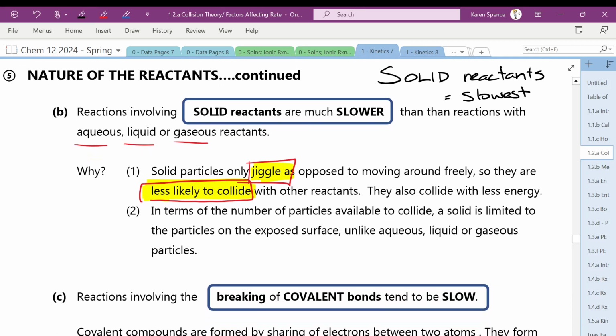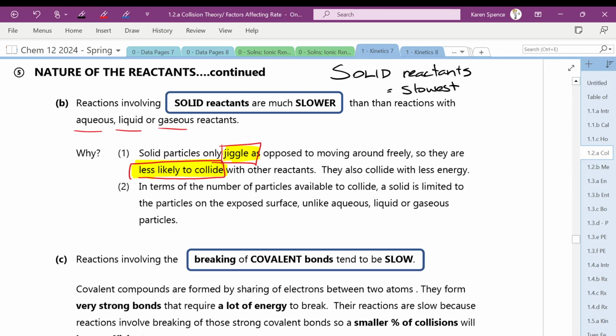Now, the last one is that the breaking of covalent bonds is quite slow. And that is because covalent bonds are very strong. And if a bond is very strong, how much energy will it take to break it?